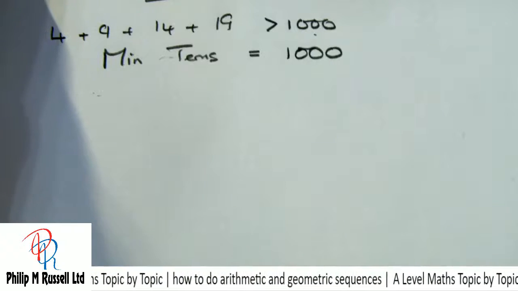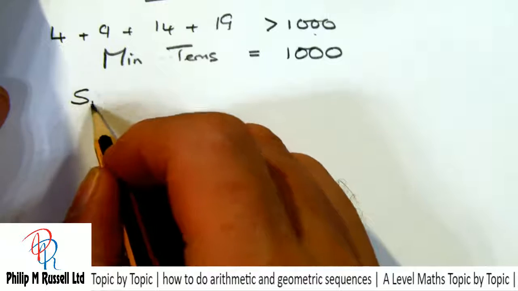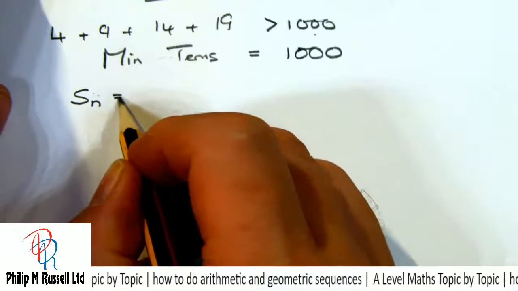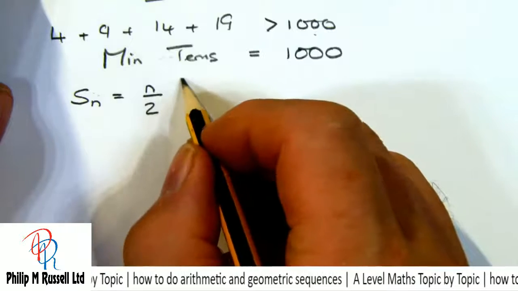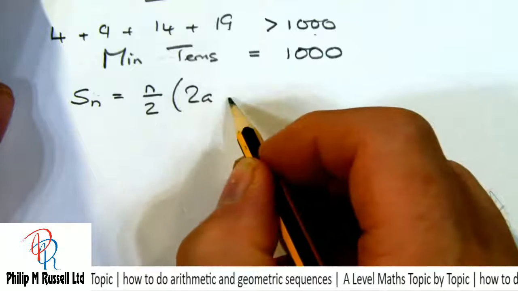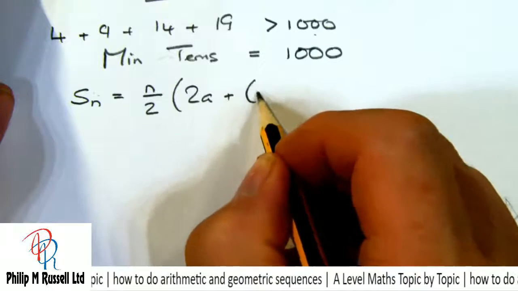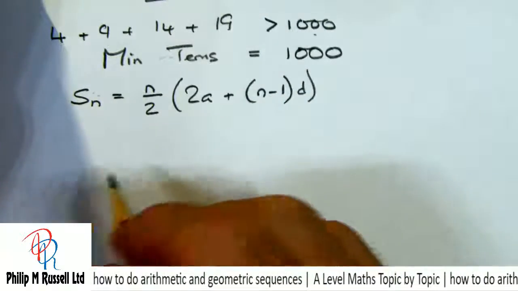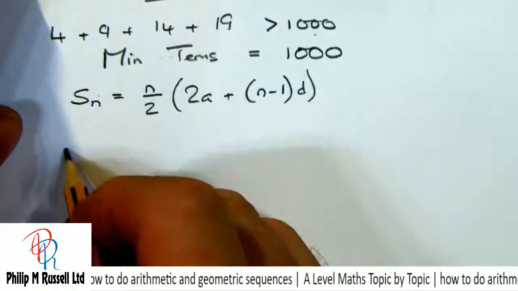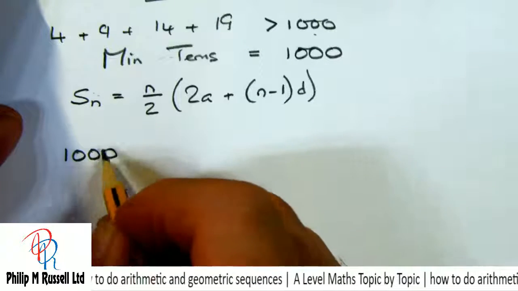So we've got our formula. Let's remind ourselves, Sn equals n over 2 times 2a plus n minus 1 times d. Okay, so we'll put in our total here.